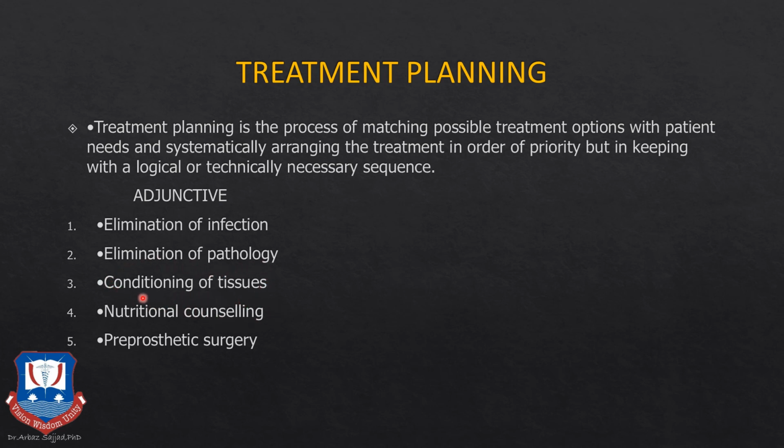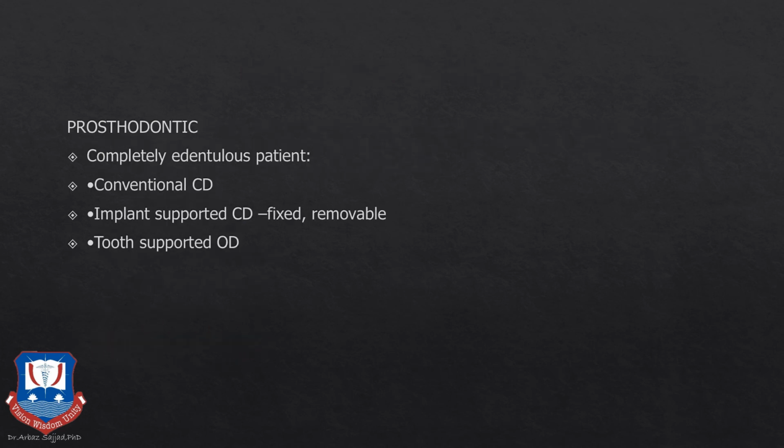If any pathology is associated with poor nutrition, the patient should be advised to take multivitamins, antioxidants, and a good balanced diet. If there are any undercuts, exostosis, insufficient interarch space, or bony spicules, then in such cases, pre-prosthetic surgeries need to be planned beforehand.